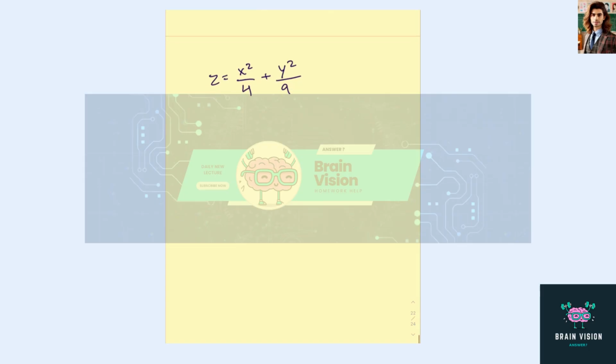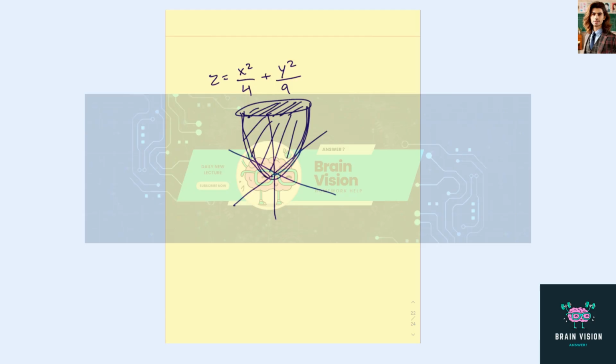That means that we're going to have a paraboloid centered at the origin, and it's going to be symmetrical with respect to the z-axis, so it won't be perfect, but it'll look something like this. That's the solid that we would end up graphing.